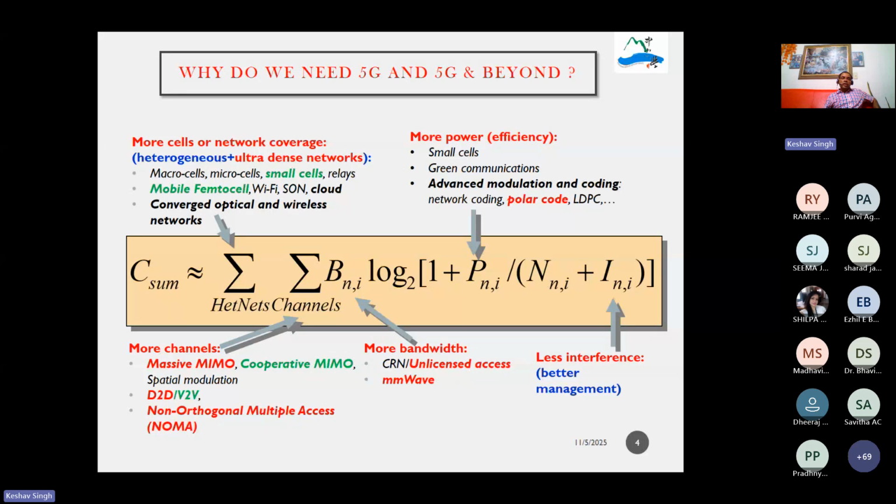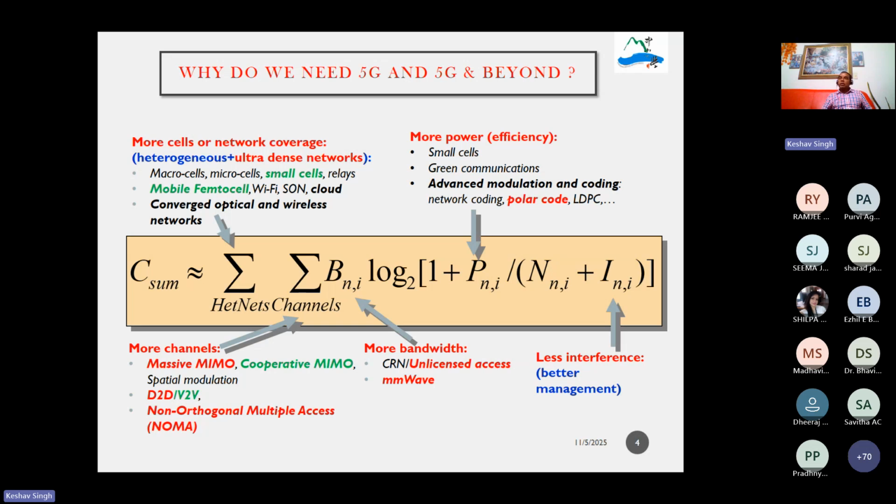One way is to divide the big network cell into a heterogeneous network, that is, small cells, which we call a HetNet. There could be micro cells, small cells, relay cells, femto cells, and Wi-Fi.